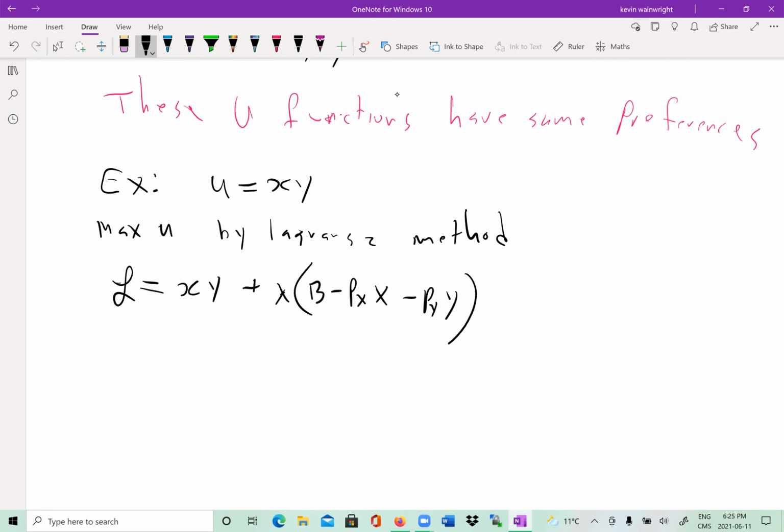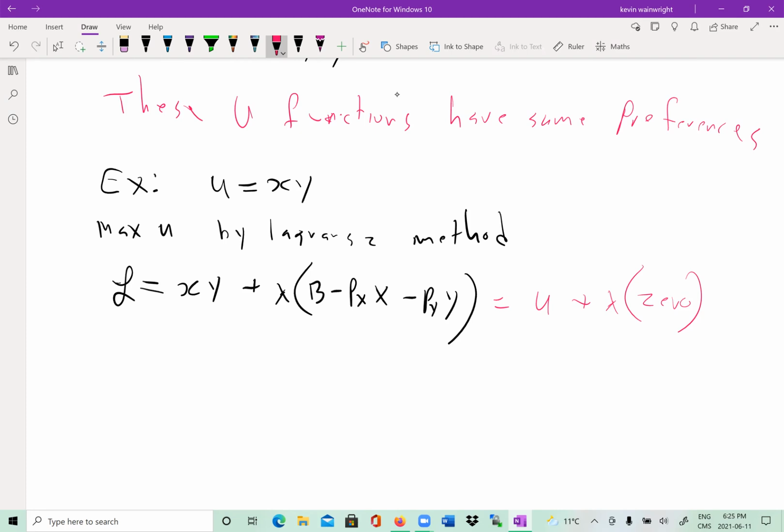So this is simply equal to the utility function plus lambda times 0, which is the math trick that makes the Lagrange work. When you add 0 to something, it remains the same.